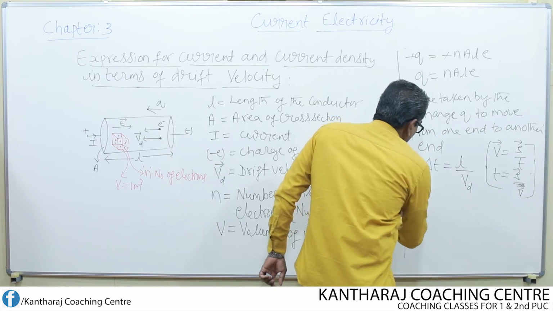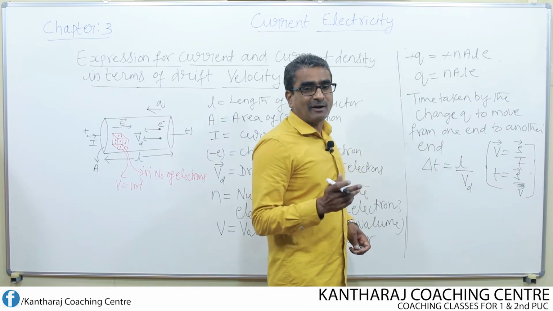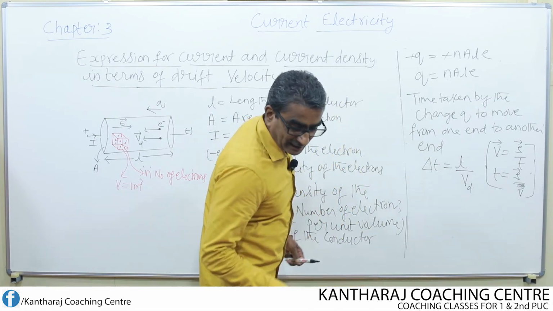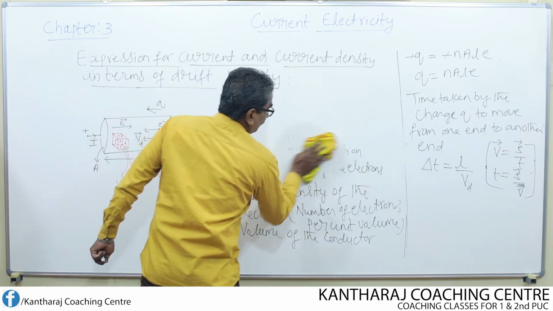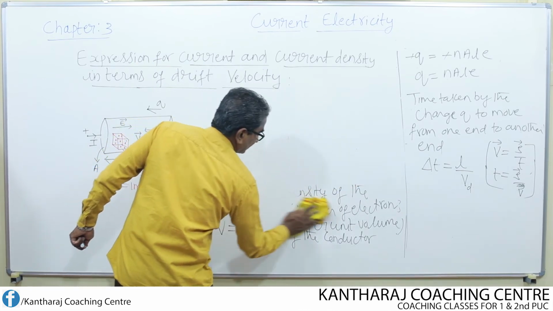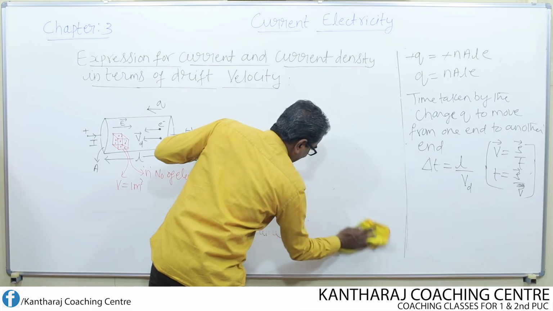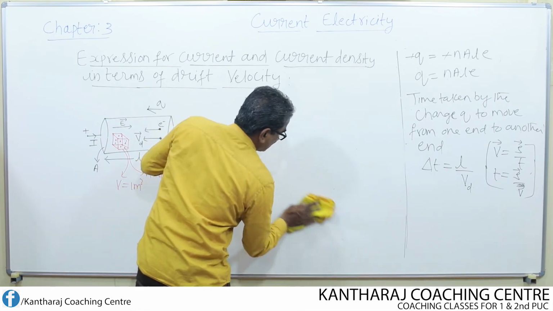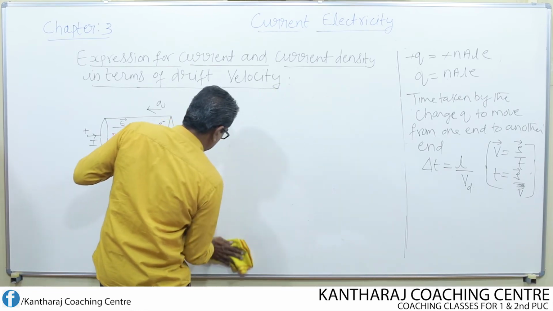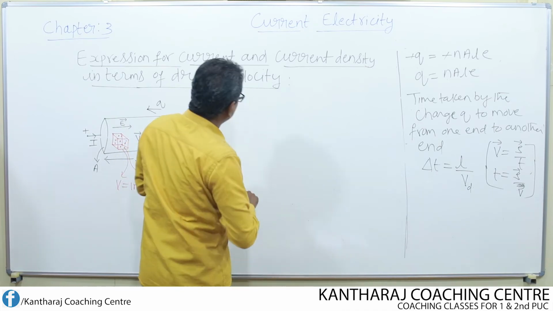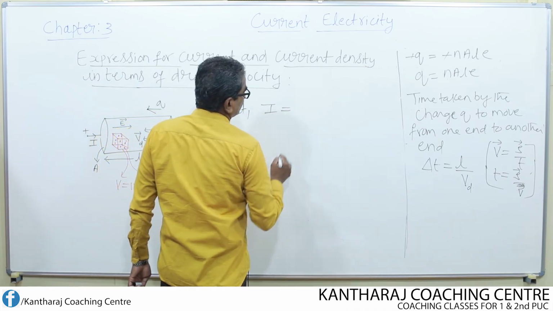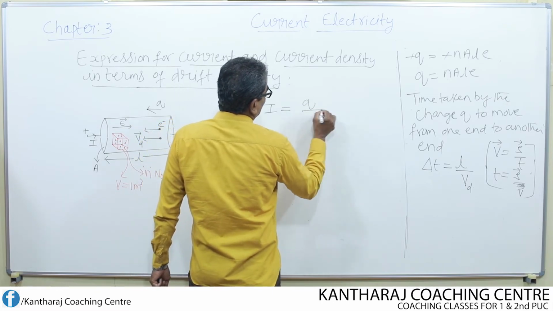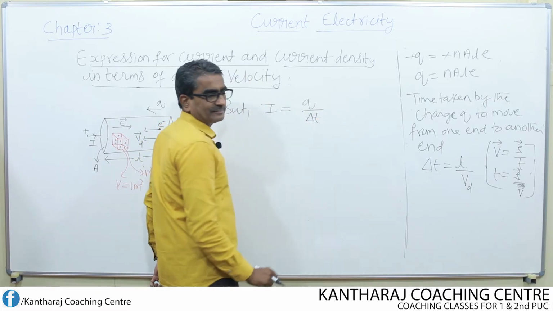Now, what is the current? How do you define current? Current is defined as time rate of flow of electric charges. That means I can consider the current like this: I equal to Q divided by delta t.